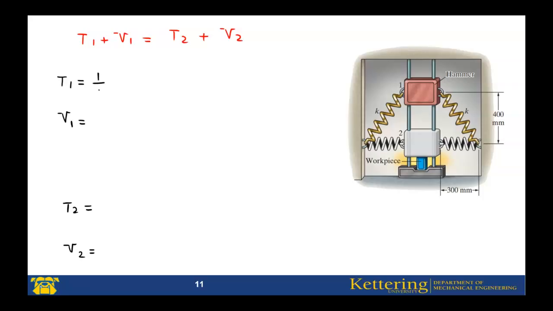First, T1 is 1 over 2 m V1 squared. How much is the velocity when this one is released? 0. This is 0 joule.